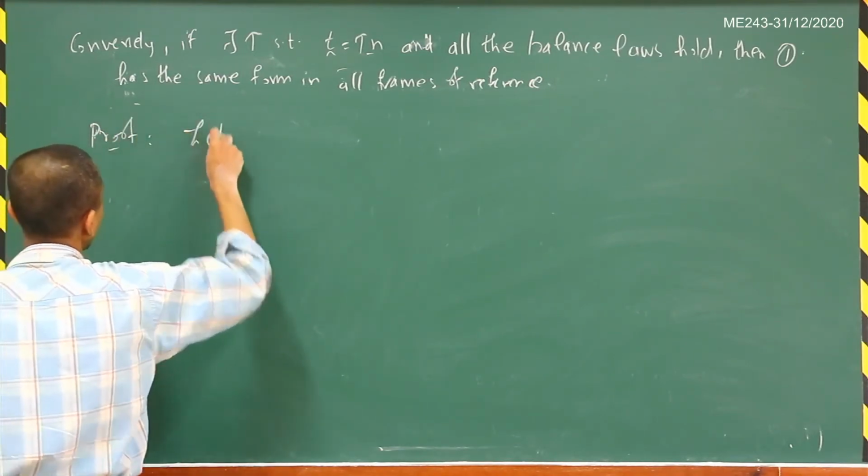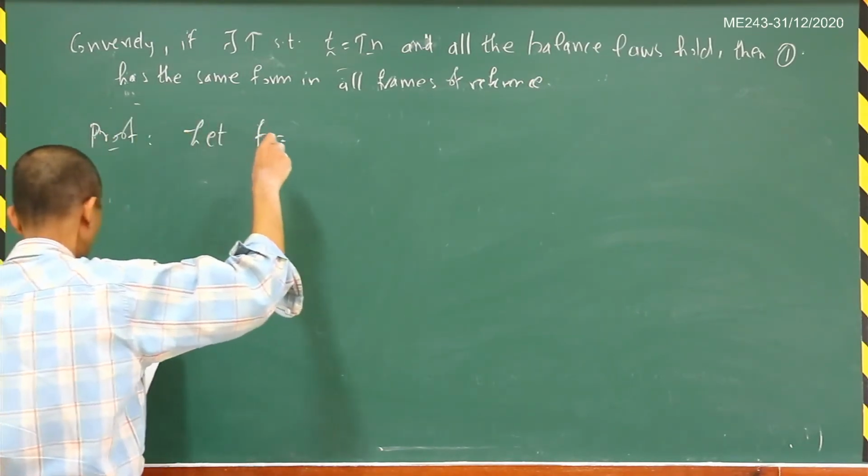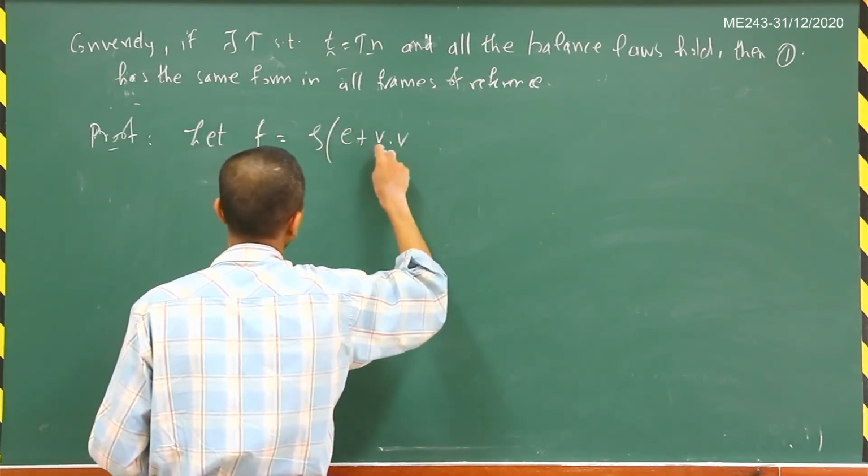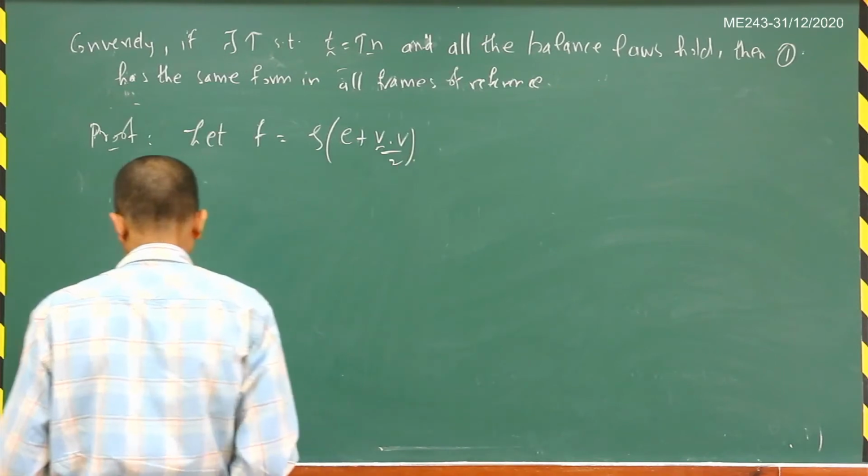Let f be equal to rho times e plus v dot v divided by 2, so whatever was occurring in that integral.